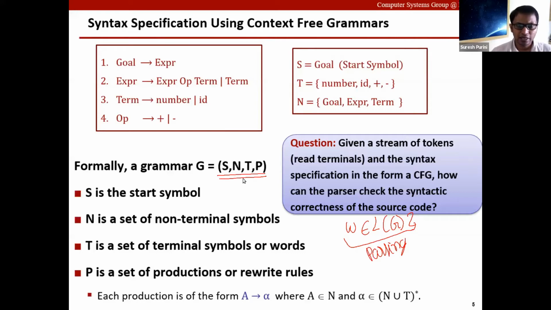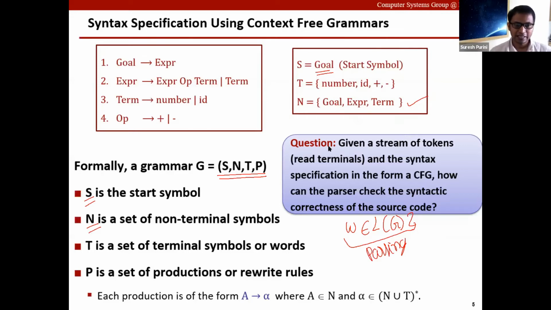It consists of a set of non-terminal symbols represented by N. In the example grammar we have here, the non-terminal symbols are goal, expr, and term. Among the non-terminal symbols, there is a special symbol called the start symbol that is denoted by S. In the example grammar, the non-terminal symbol goal is the start symbol.